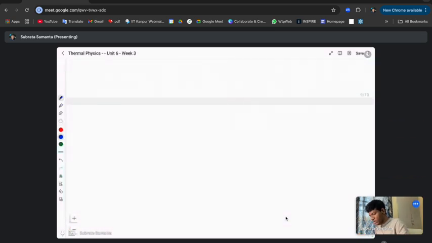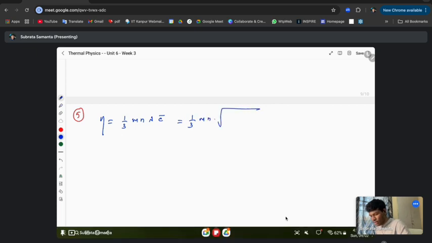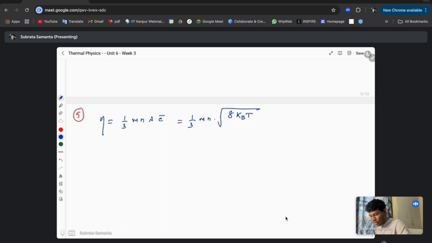Okay, so if your eta is 1 over 3 m n lambda c average, this is basically 1 over 3 m n times 8 k_B T over pi m, right? This is basically c average, times lambda. So what is lambda?